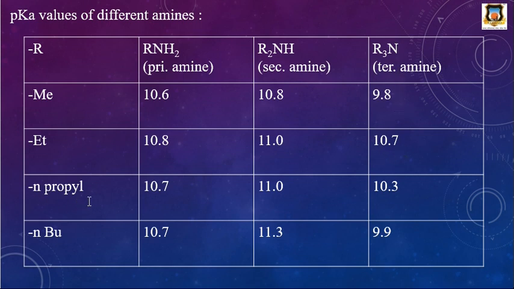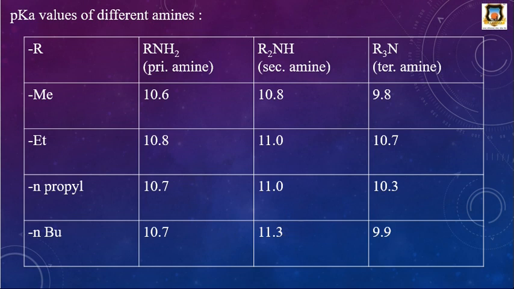When the alkyl group is N-propyl, the primary amine is 10.7, secondary amine 11.0 and tertiary amine the pKa value is 10.3. Then when the R group is N-butyl, the pKa values are 10.7, 11.3 and 9.3.